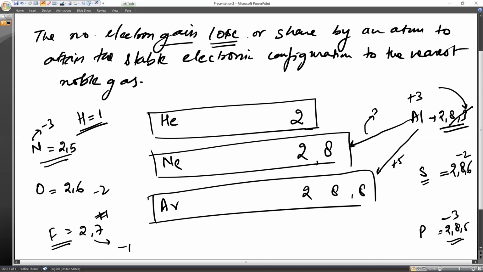We discussed electronic configuration in the previous class, I am sure. So let's do this one.